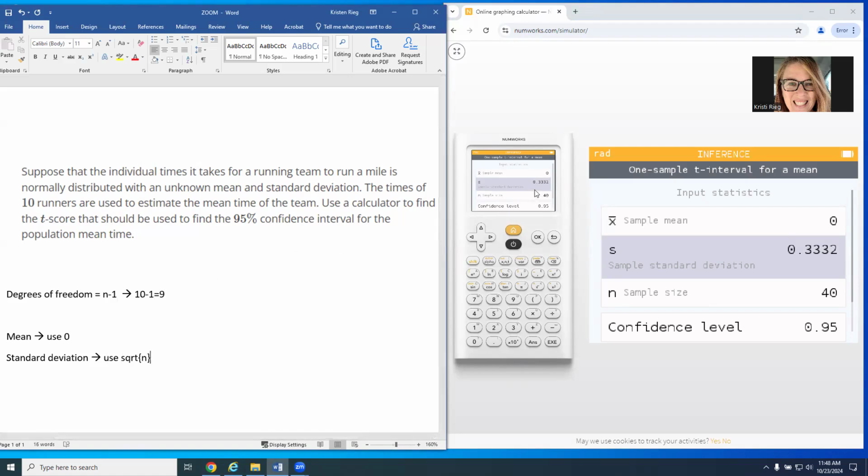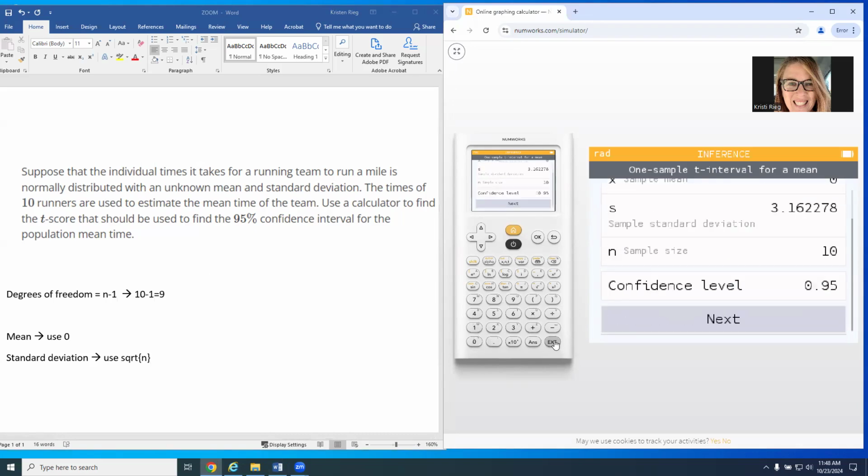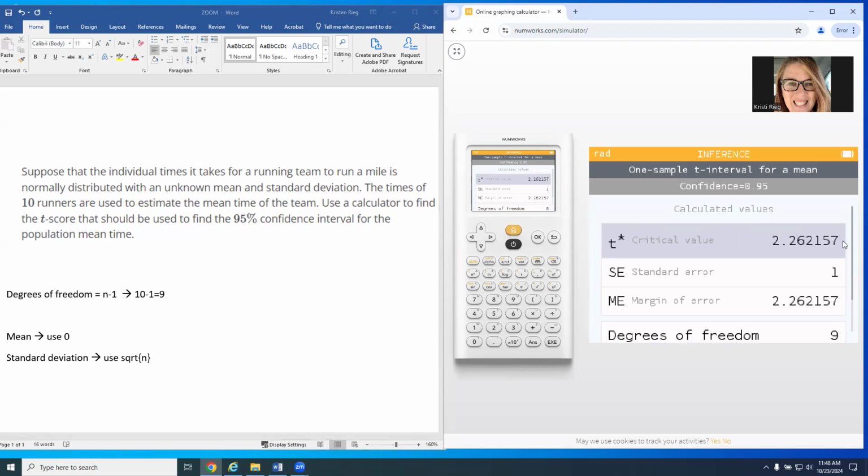So over here at S, I know my n is 10, so I'm going to type in square root 10. And then again, n is 10, confidence interval is 95, and there's my t-score.